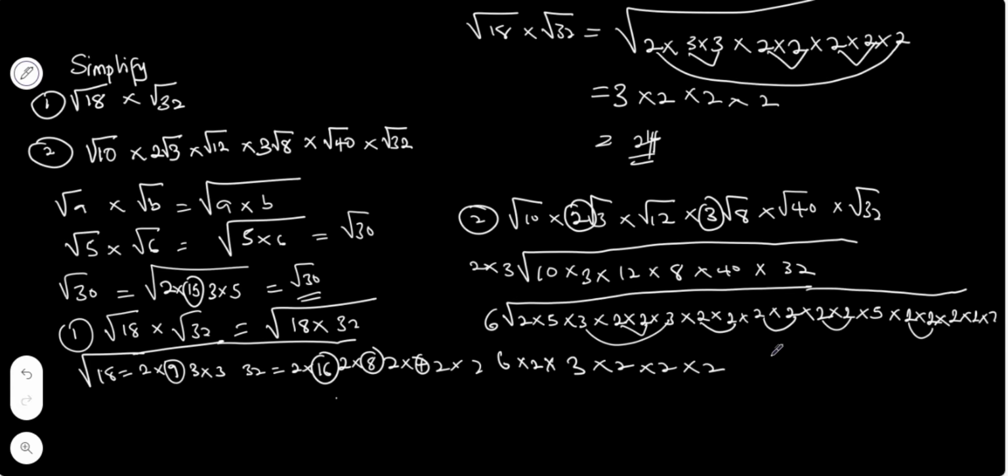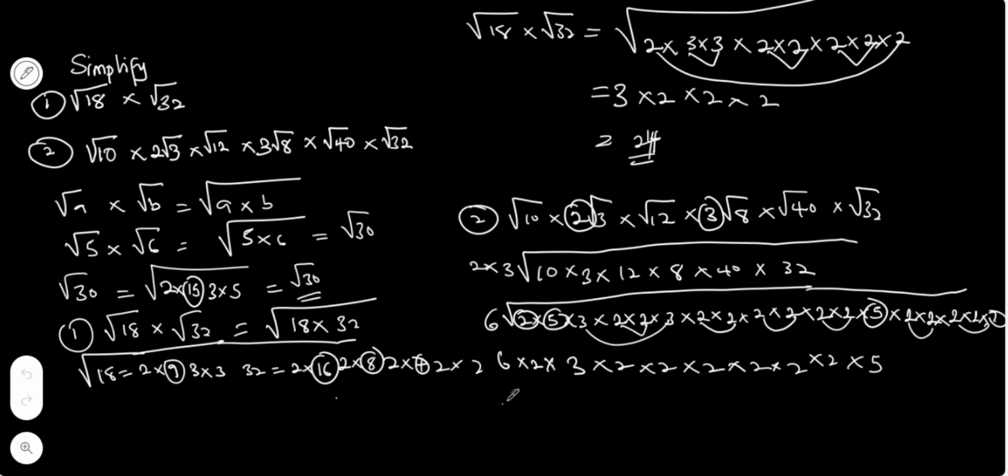This is a pair. That's 2. This is another pair. That's 2. Now, this and this is another pair. That's 2. Then this and this is another pair. That is 5. So all of this multiplication also gave us a perfect square.